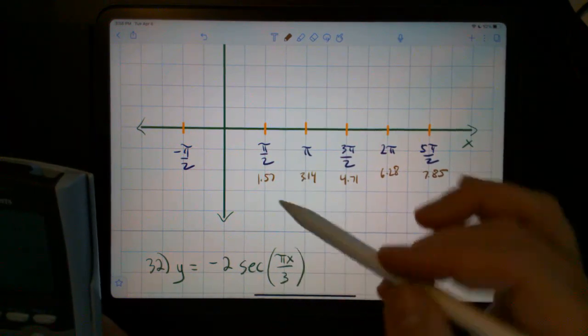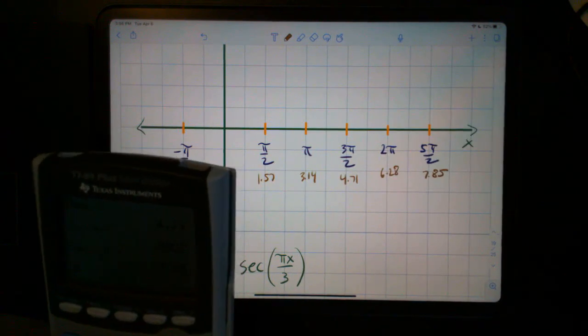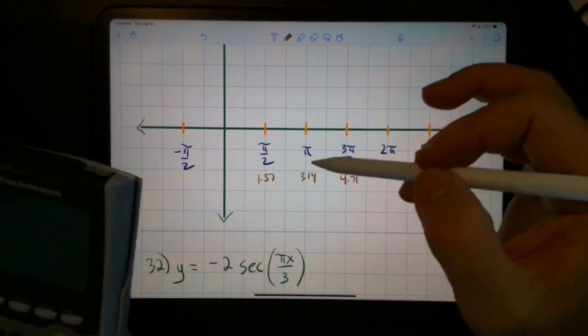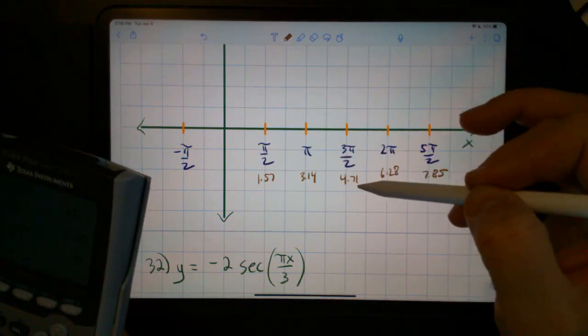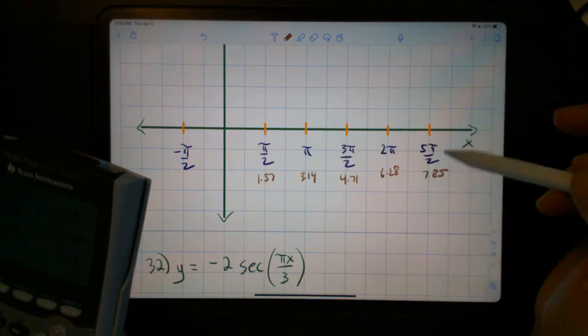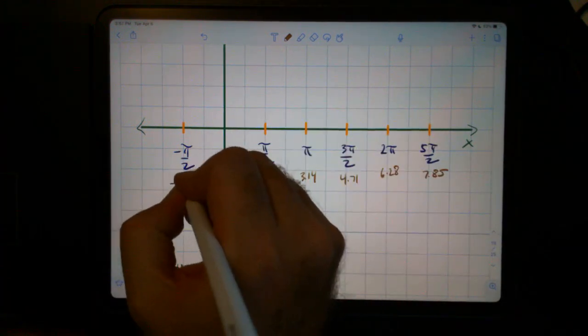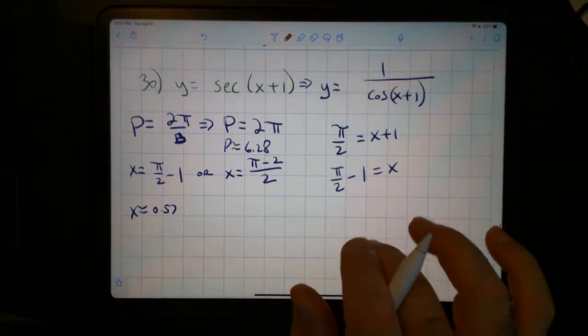So I'm just using pi at 3.14. 3.14 divided by 2 is about 1.57. And then pi is 3.14, 3 pi over 2 is 4.71, 2 pi is 6.28, 5 pi over 2 is 7.85, and then negative pi over 2 would be negative 1.57. Our A is 1.